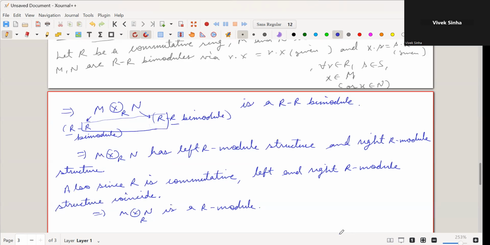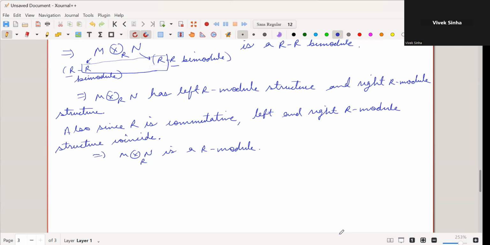So now this has something interesting again, that it satisfies a universal property, a special kind of universal property. This has another type of universal property, which we will see.